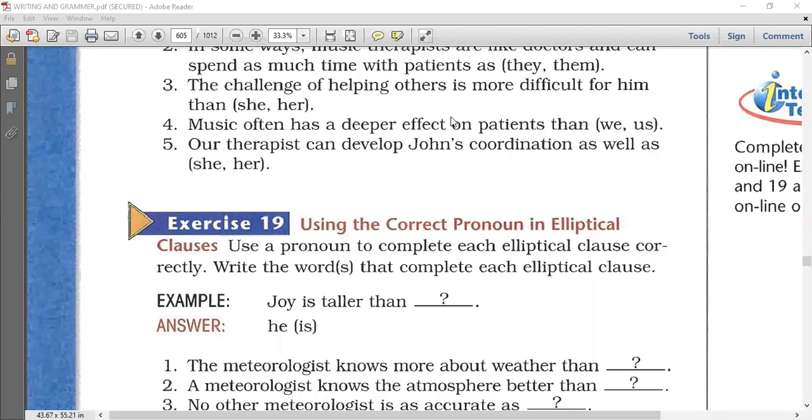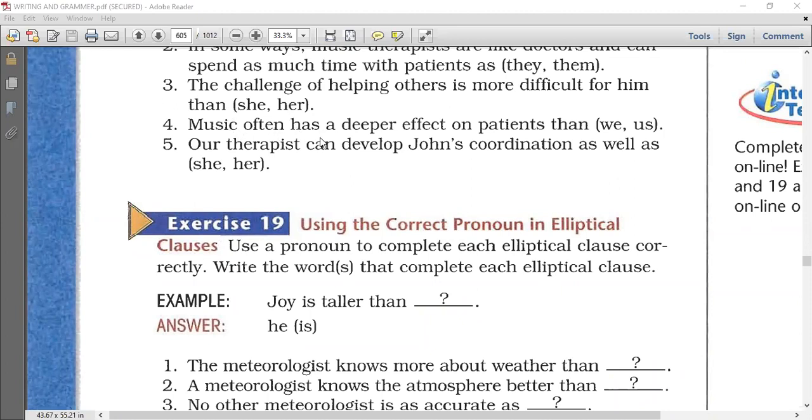The challenge of helping others is more difficult for him than. For her, guys. Than for her, because the deleted word here is for. It is more difficult for him than for her.